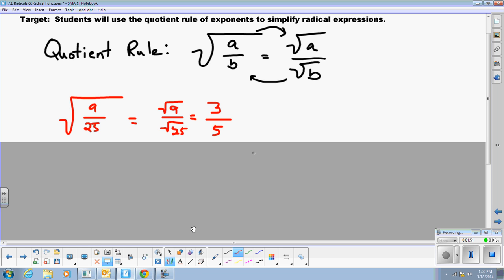Now, another thing you may wonder about is, can I just take the square root of 9/25 as it is? Well, yes, you can take your calculator and enter that as a square root and do the fraction 9/25 on the calculator using the fraction key, the ABC key. So I would first do my square root key, and then the numerator 9.